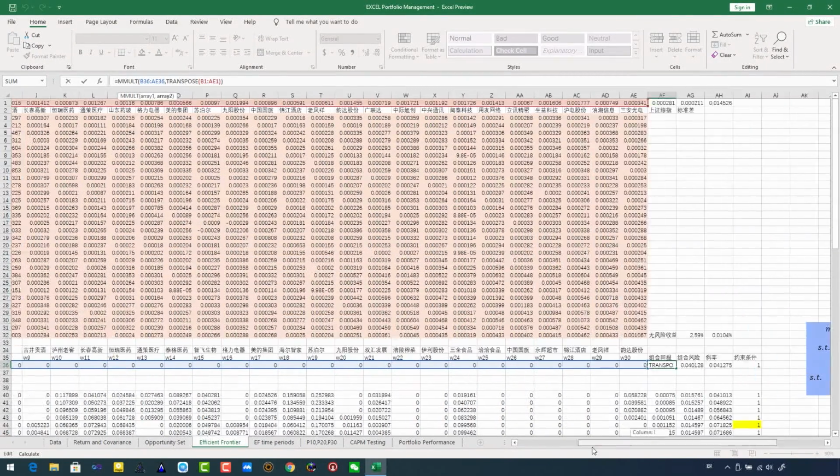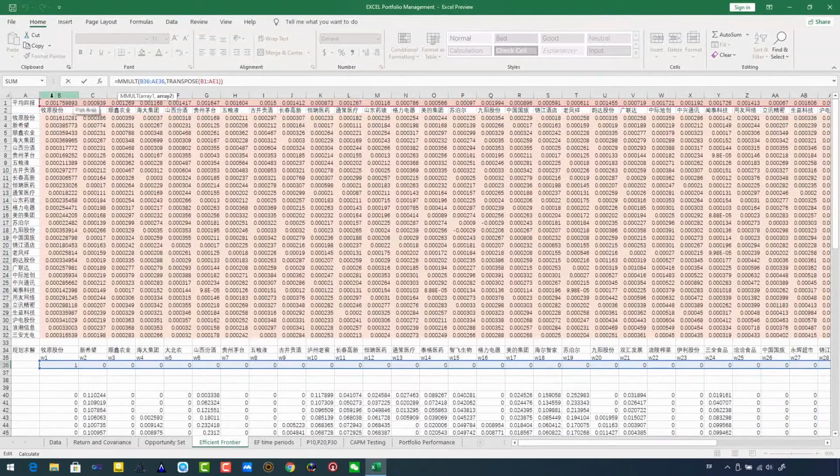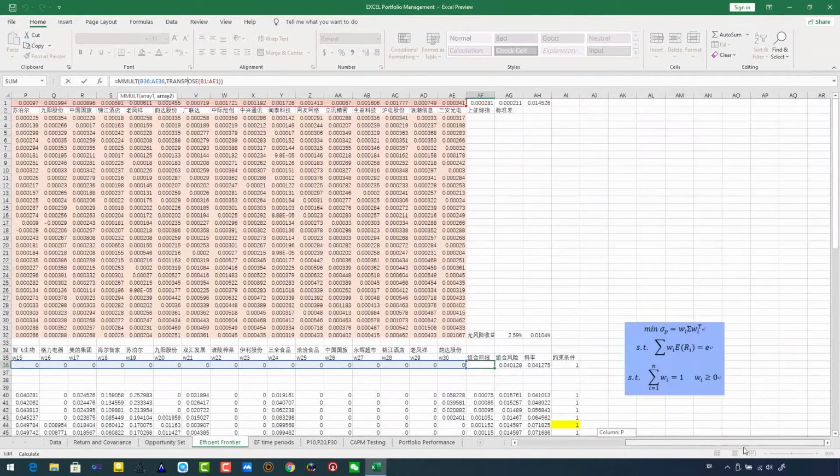And then you use the weight, multiply, the next one is stock return. So we use transpose and stock return on the top line here. That's the same equation, and you run it as an array formula, Control Shift Enter together. So we get this result here.